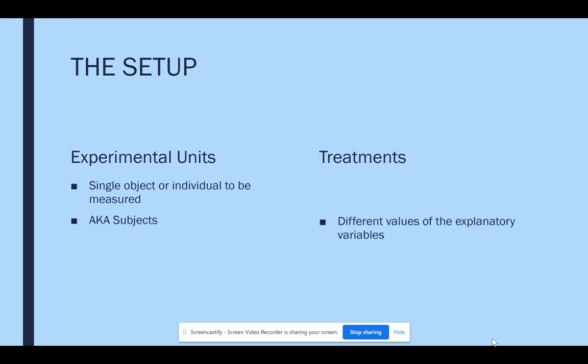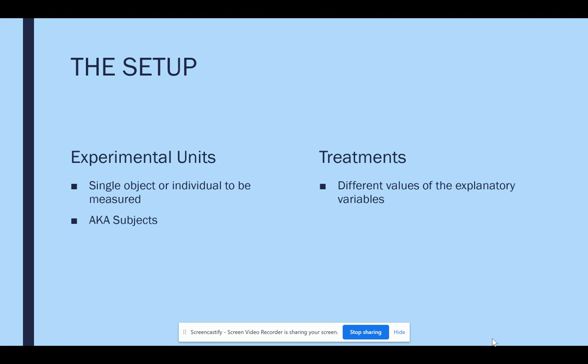Then you have treatments. The treatments are the different values of the explanatory or independent variable, the different things that you're going to try. Maybe you're trying to decide whether a certain type of diet, medication, or exercise is going to help lower someone's blood pressure.